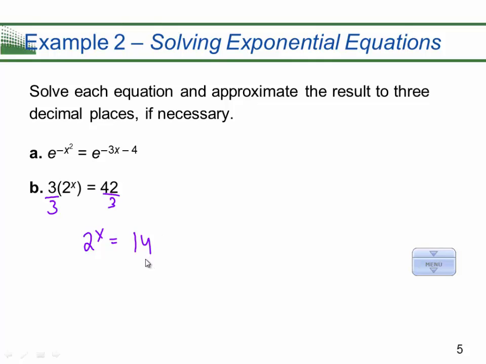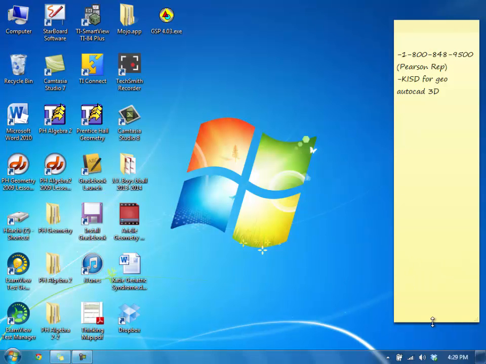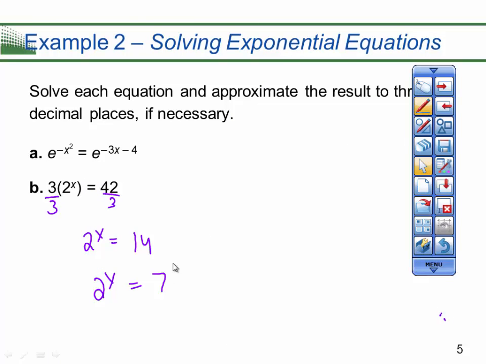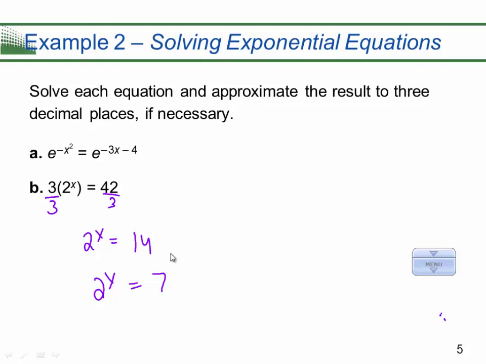So let's do 2^x equals, we'll make it 7. Actually, I'm not able to use the one-to-one property here because I can't rewrite 7 as 2 to something.